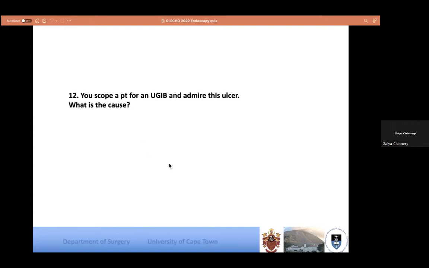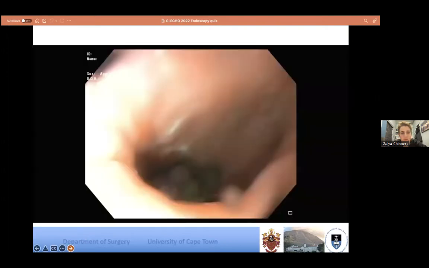Okay. You scope a patient now with an upper GI bleed and you admire this beautiful ulcer. I want you to look at the ulcer and then I want you to tell me what you think was the cause.